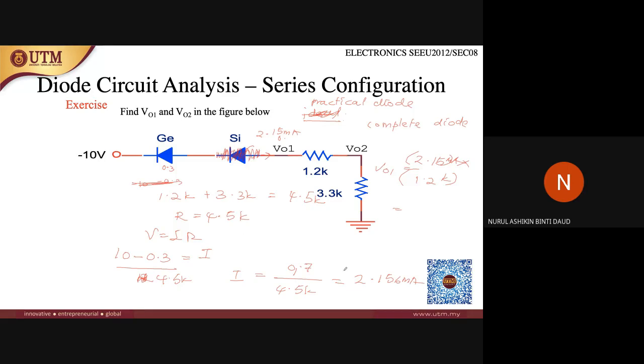You will get the value here of 2.58 for VO1. And there is actually no VO2. This one is I, the value of current. So the value of current is 2.15 milliampere. Is that okay?